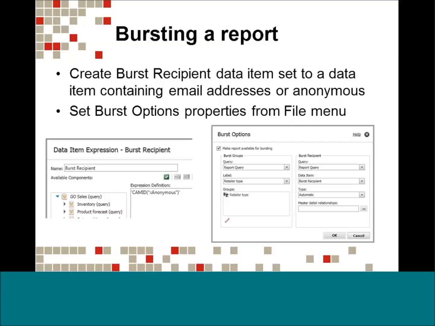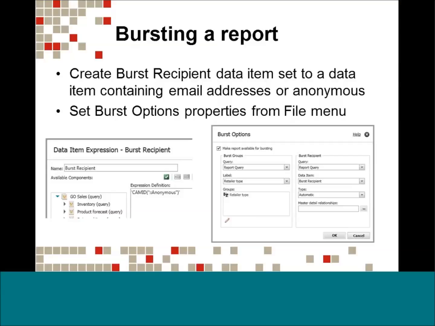The burst item is the item on which you want to separate report content. So for the benefit of anyone that does not know what bursting is, you can select any item that is within your data set and separate the report content by that data item.